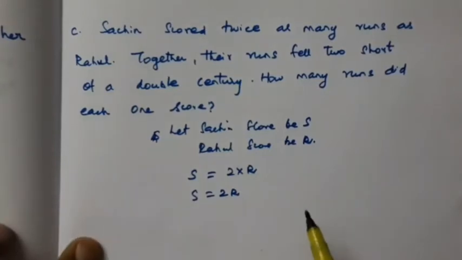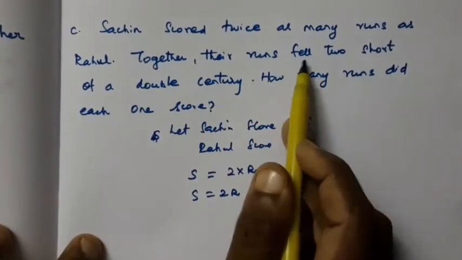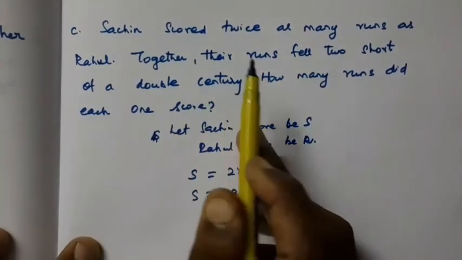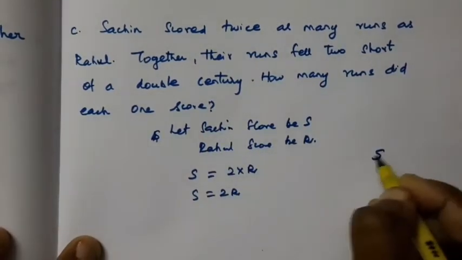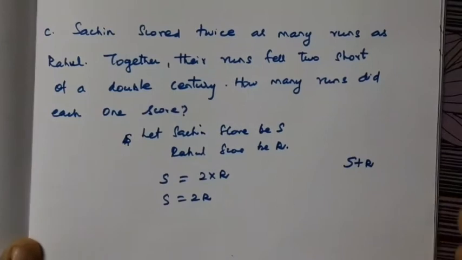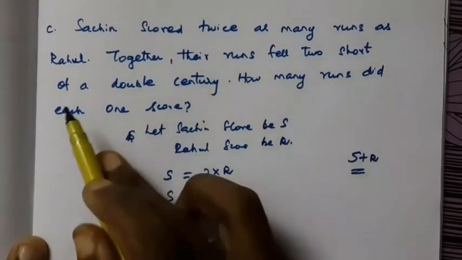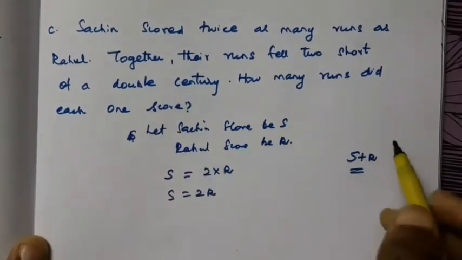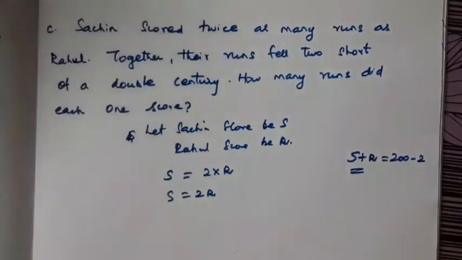S is 2R. Another thing given, together their runs fell 2 short of a double century, which means if you add the scores of Sachin and Rahul, S and R together, the total is 2 short of a double century. A double century is 200, so it is 200 minus 2.